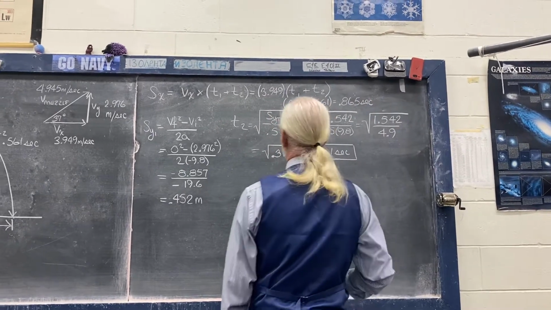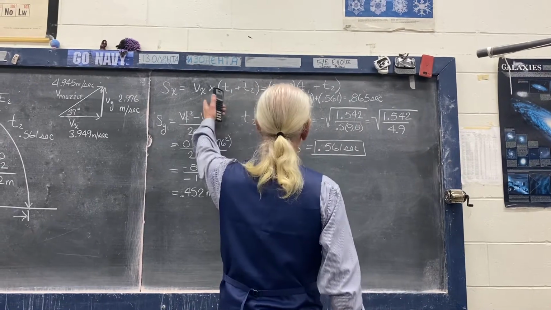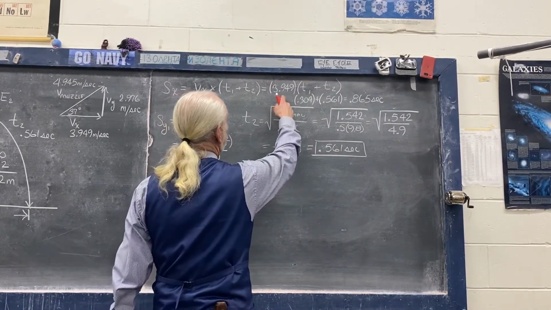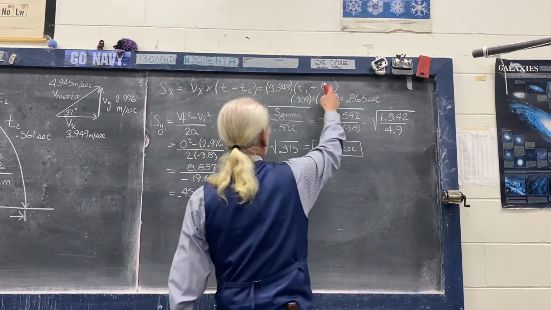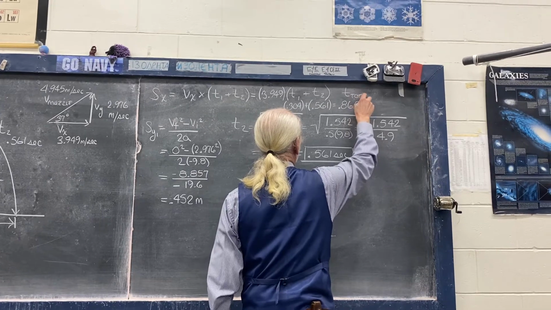All right, so now we have all the pieces and parts. We have Vx, 3.949. We have T1, T2, we have T total. So we'll bring it down here.